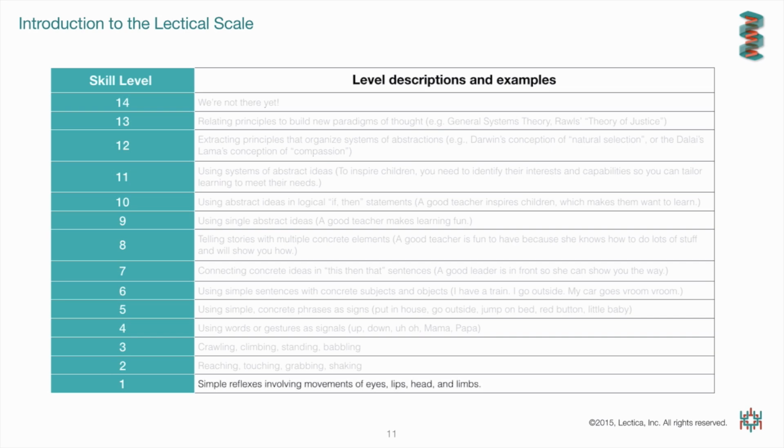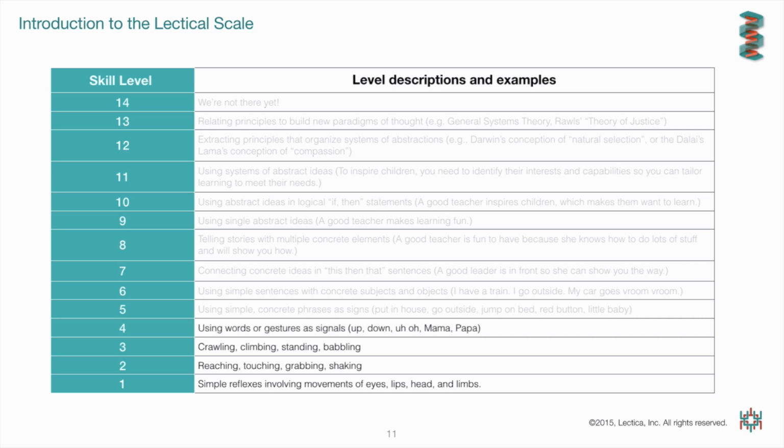Level 1 includes simple reflexes involving movements of the eyes, the lips, the head, and the limbs. At level 2, babies are reaching, touching, grabbing, and shaking. At level 3, babies are crawling, climbing, standing, and babbling.